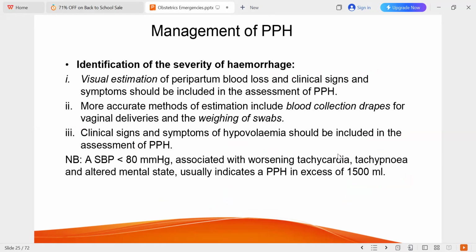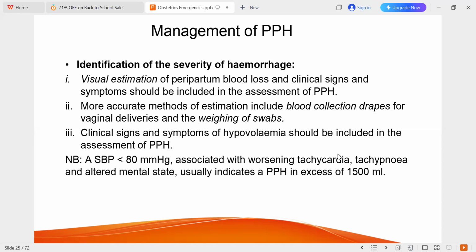Okay, so how do you manage PPH? Number one is to identify the severity of the blood loss. This is important. Okay, you must be able to identify the severity, how much blood loss, what hemodynamic compromise has ensued.